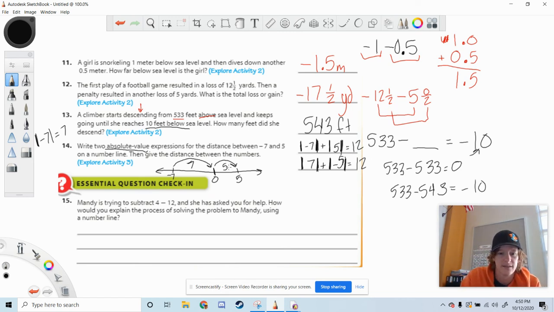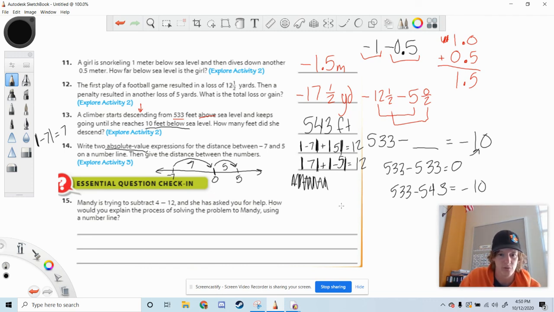There's lots of different things we could do here. We could say the absolute value of -7 minus, nah, I don't know, that probably won't work. But how about these two? Sound good to me. Because the absolute value of 7 and -7 are both 7. The absolute value of 5 and -5 are 5. So total is 12.